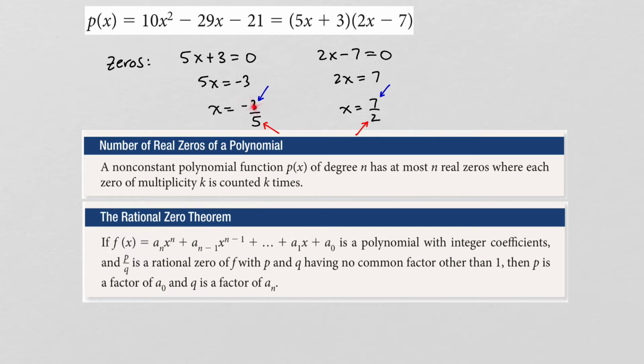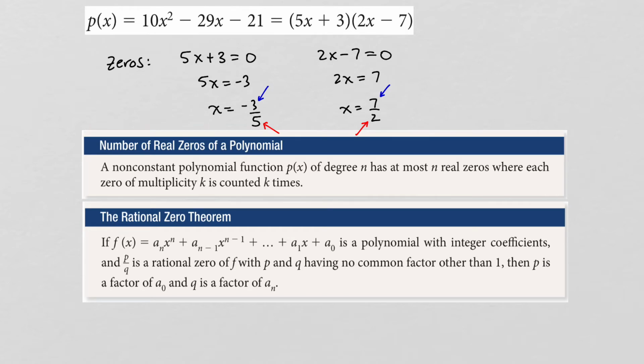So the zeros of a polynomial function will have a numerator that has to be a factor of the last number in the polynomial, and a denominator that has to be a factor of the first number in the polynomial. And really what I should say is that the numerator should be a factor of the constant term, and the denominator should be a factor of the leading coefficient.